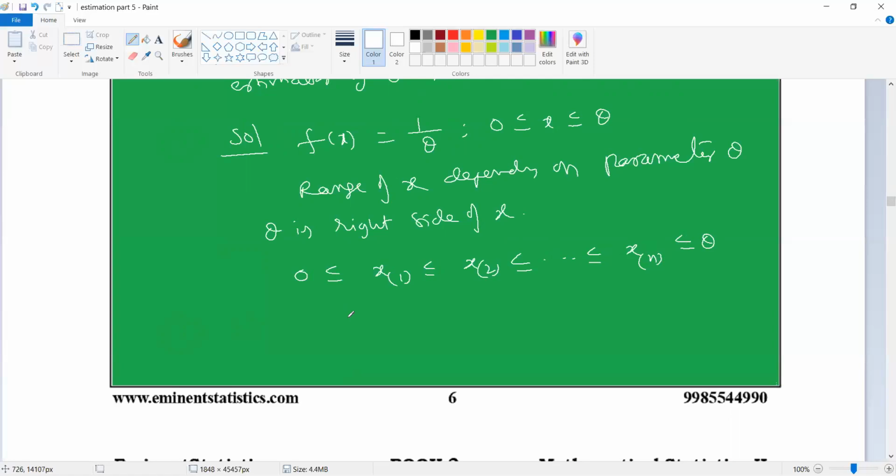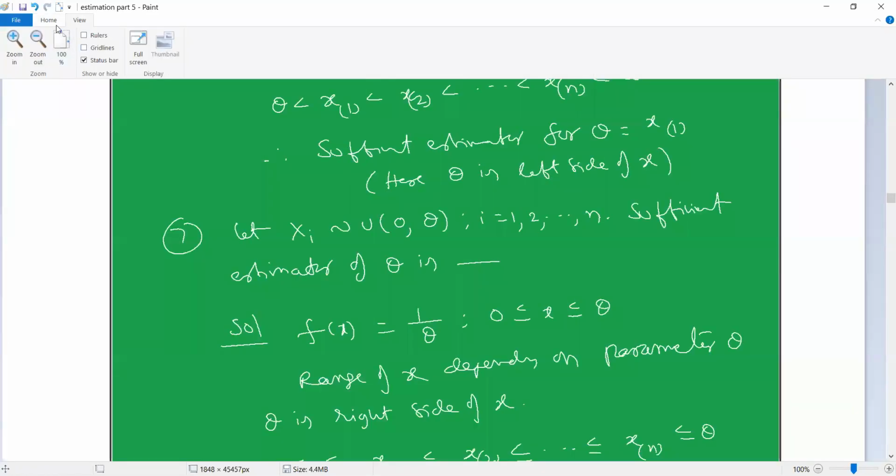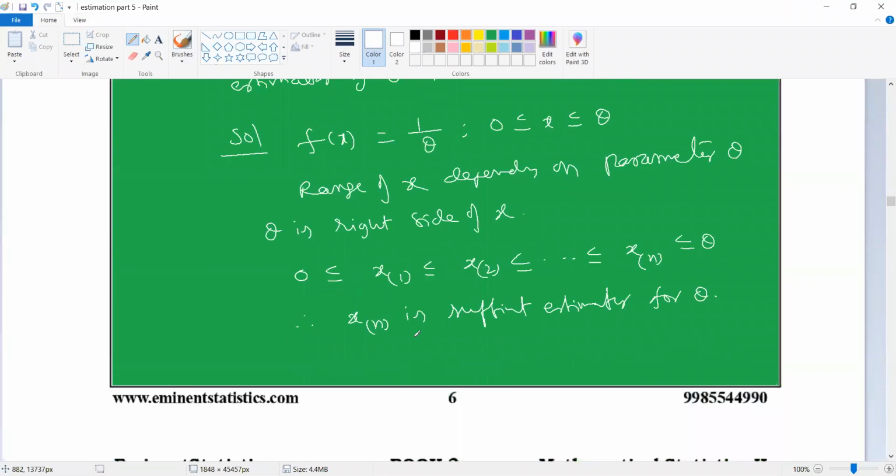The minimum value of theta is xn order. Therefore, xn order is the sufficient estimator for theta. So, several examples are explained.